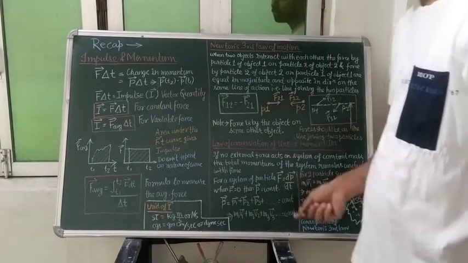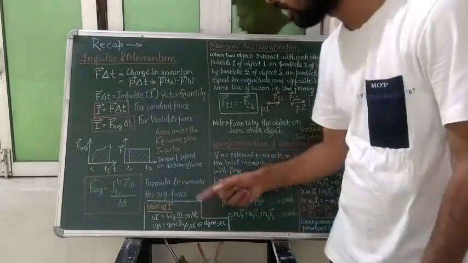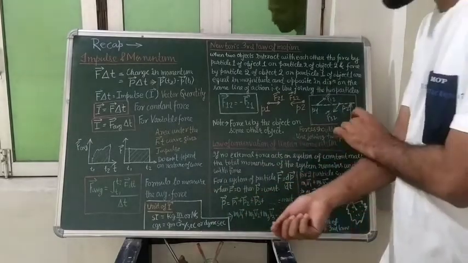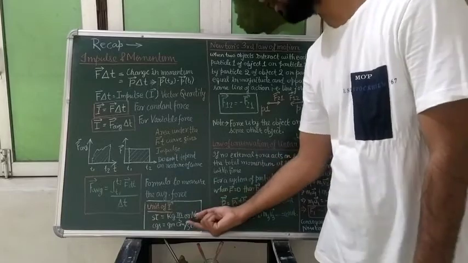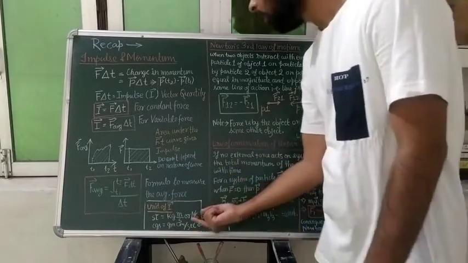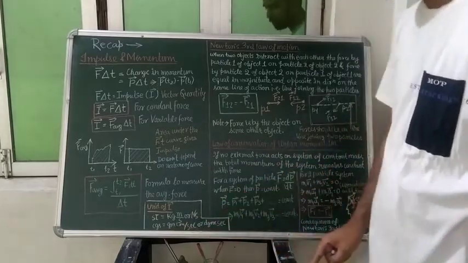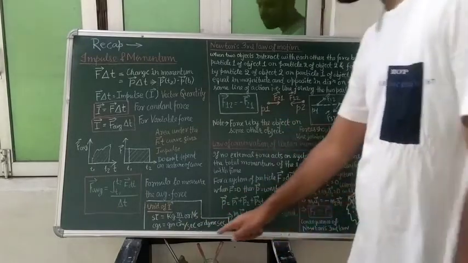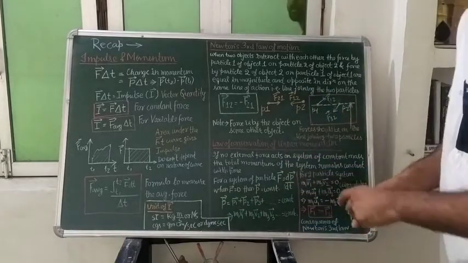Next we moved to the unit of impulse, represented by capital I vector. The SI unit is kg meter per second, which you can also write as Newton second. In the CGS system it is gram centimeter per second, which you can also write as dyne second.